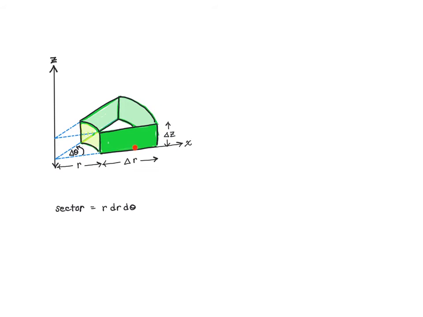And so we end up with this three-dimensional piece or volume. This is our delta volume.